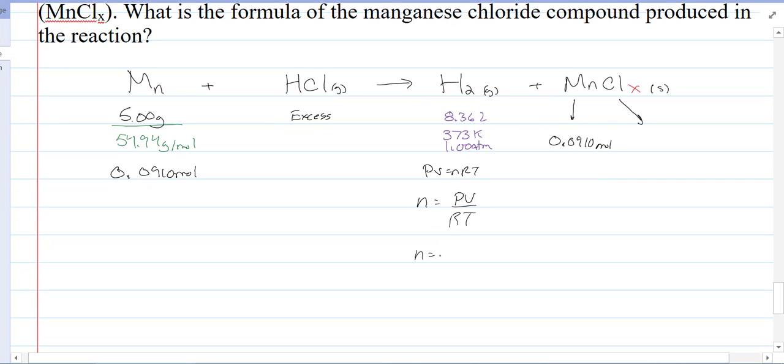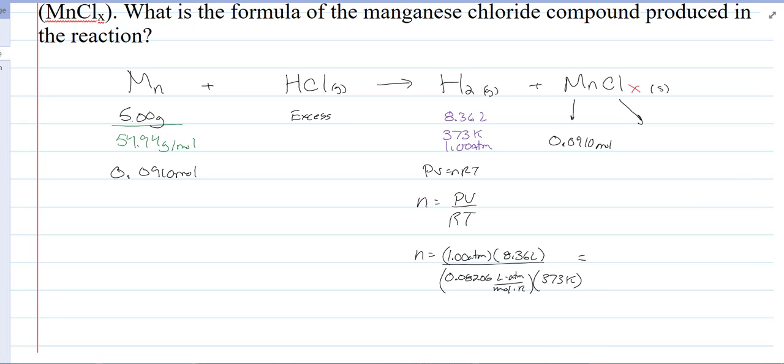So n would equal the pressure of 1 atmosphere times the volume of 8.36 liters, divided by R, 0.08206 liter atmospheres per mole Kelvin, and the temperature of 373 K. So how many moles of H2 do we get? 0.273 moles of H2 produced.